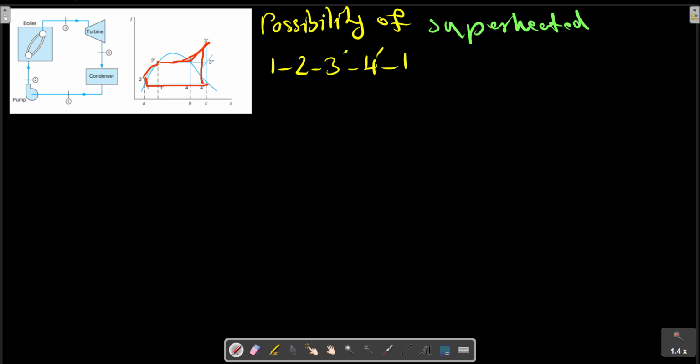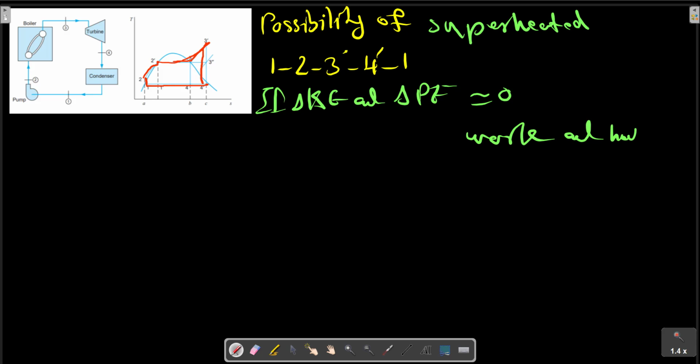If changes of kinetic and potential energy are neglected, heat transfer and work may be represented by various areas on the TS diagram.